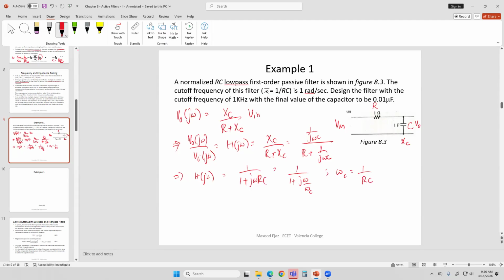So at the cutoff frequency, what will be the magnitude expression for this, guys? Anyone? We can write the magnitude expression for this. Yes, Andy, what is the magnitude expression for this?